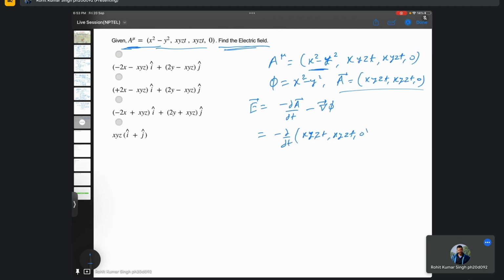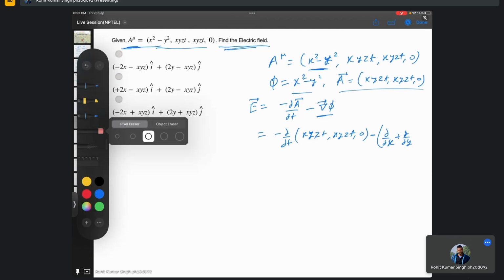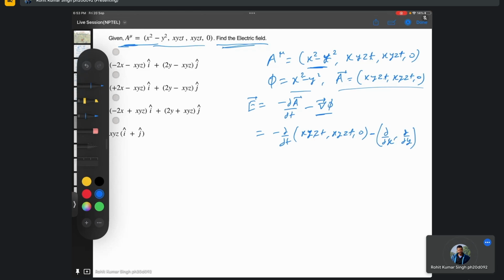Yeah, 0, and the gradient of this scalar, so del by del x plus del by del y, we can write it like this, x square minus y square.